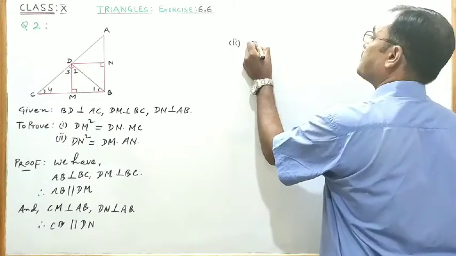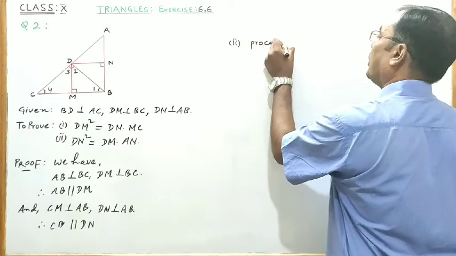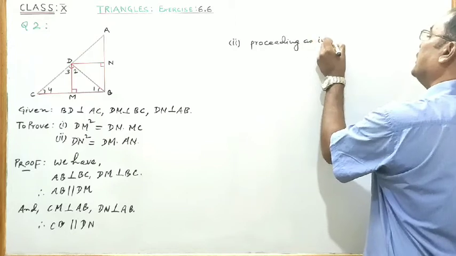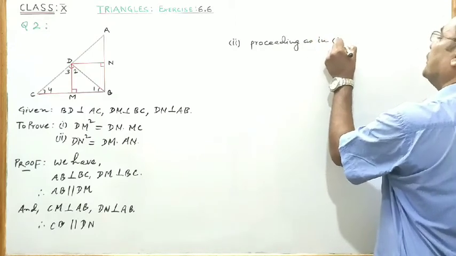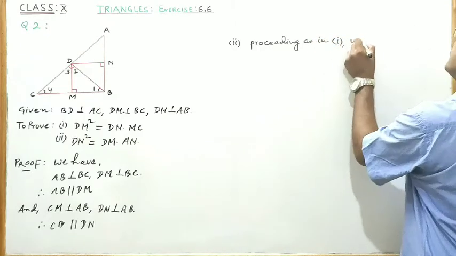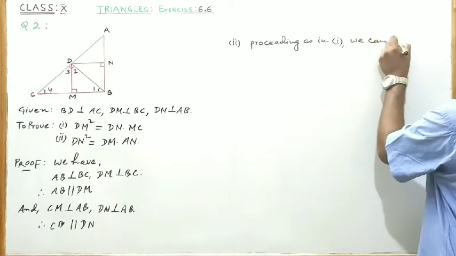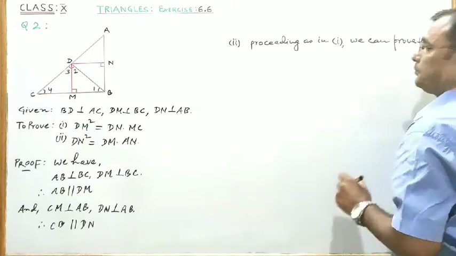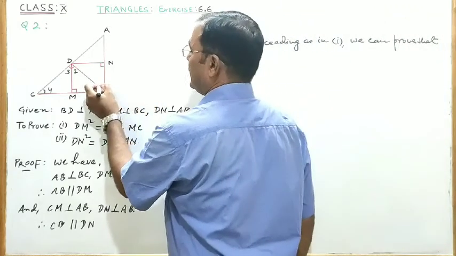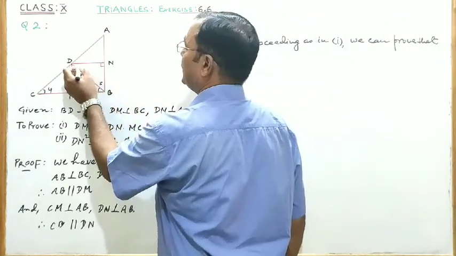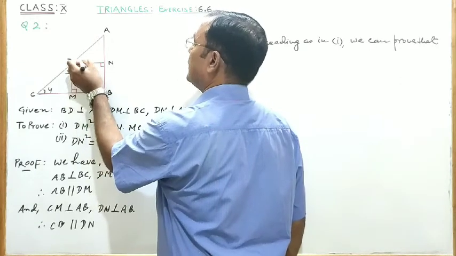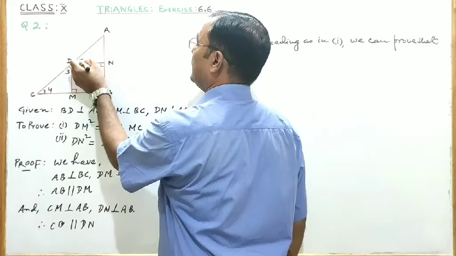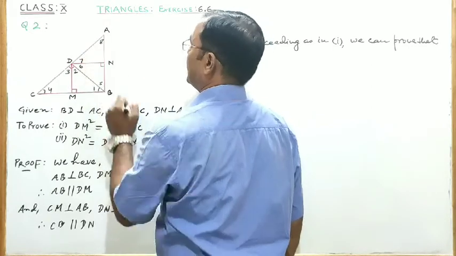Proceeding as in first part, let this angle be 5, this angle be 6, this angle be 7, and this angle be 8.